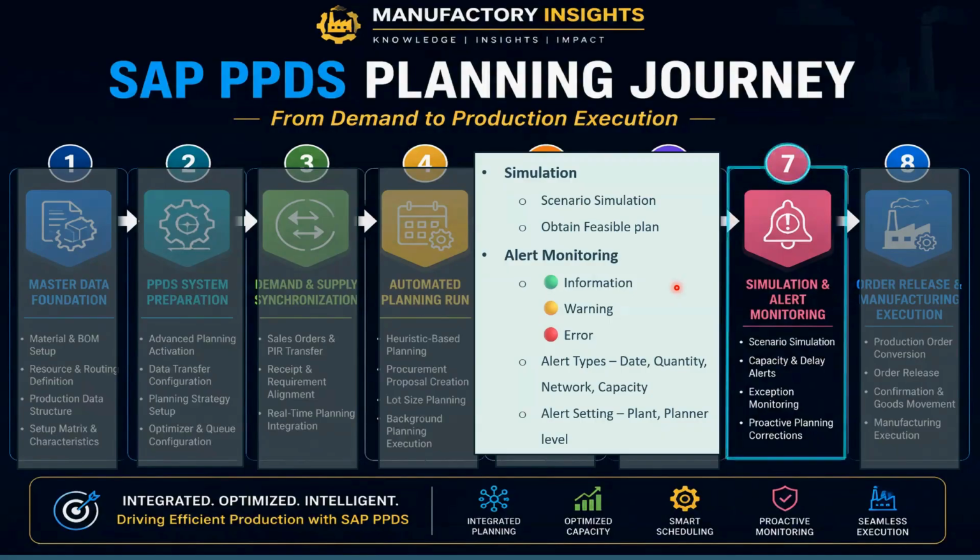With this alert monitoring tool, multiple alert types can be monitored, for example, date and time alerts, quantity alerts, network alerts, and lastly, capacity overload alerts. And these alerts can be modified or uniquely configured at the plant level or even at the planner level. That means the planner is responsible for certain resources, and accordingly, the alert monitoring can be configured.